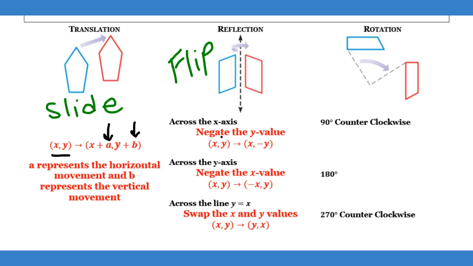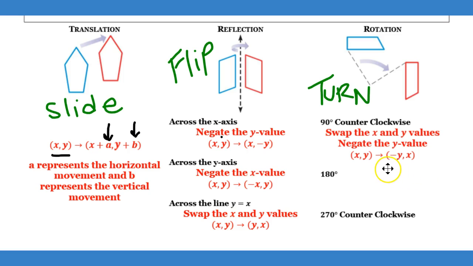Okay, third, we have a rotation, which is like a turn, because we're rotating around some point. And when you rotate, there's a few different rules. If we rotate 90 degrees counterclockwise, then you're going to switch your x and y value and make the y value negative or positive. You're going to swap the sign.